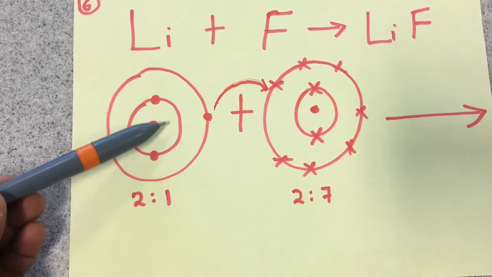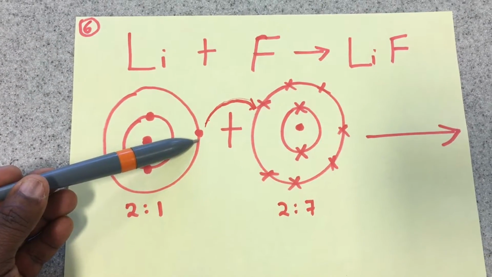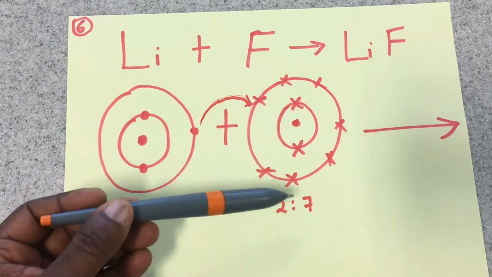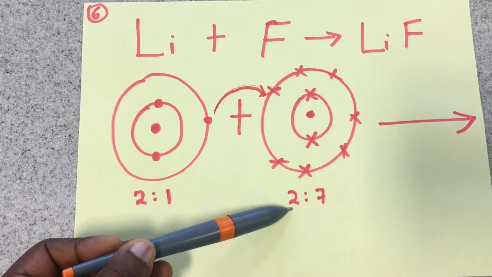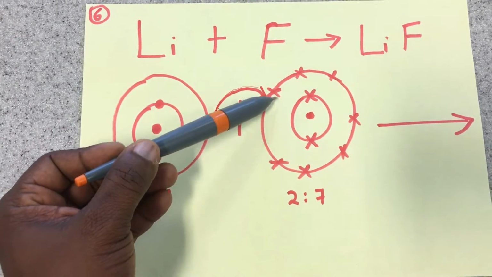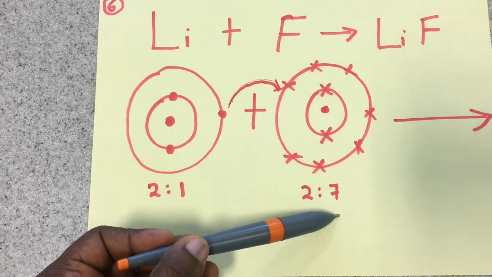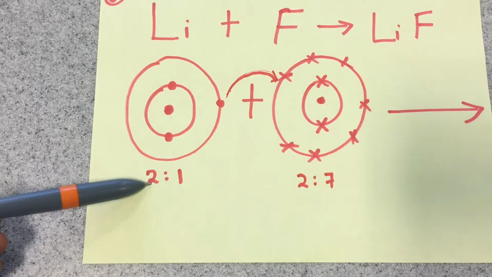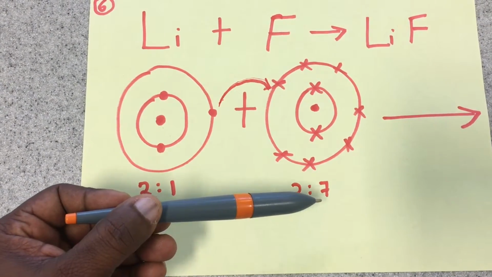Lithium has 3 electrons, so there are 2 electrons in the first shell and 1 electron in the outermost shell. Fluorine has 9, there are 2 electrons in the first shell, represented as 2 and 7, with 7 in the outermost shell. 1, 2, 3, 4, 5, 6, 7. So our electronic configuration for lithium is 2,1, and that for fluorine is 2,7.